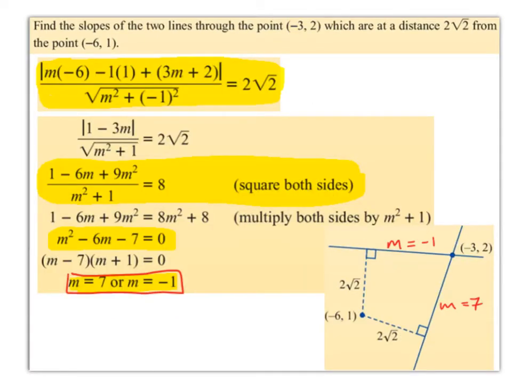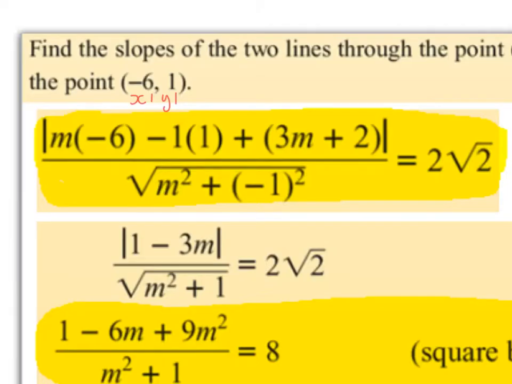So subbing into our perpendicular distance formula and using the point minus 6, comma 1 as our x1, y1, we get m times minus 6 minus 1 times 1 plus 3m plus 2. And that's all divided by the square root of m squared plus minus 1 squared. And this is equal to 2 root 2, which was given to us in the question.